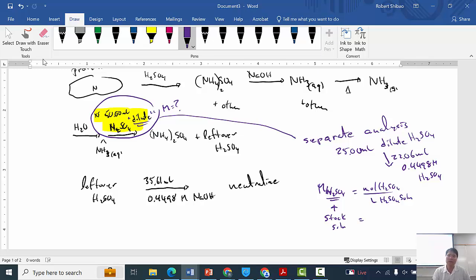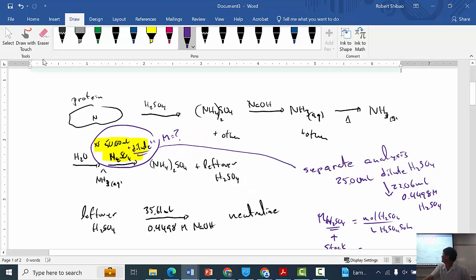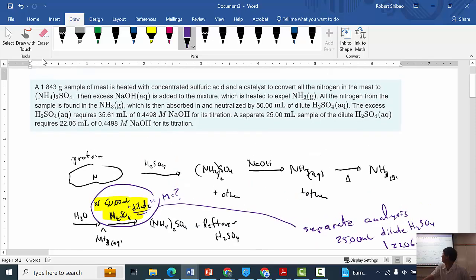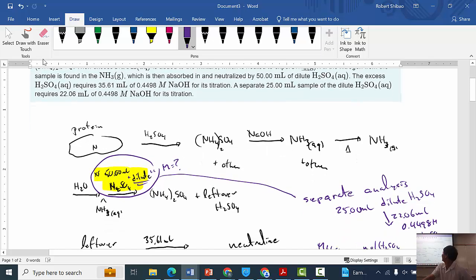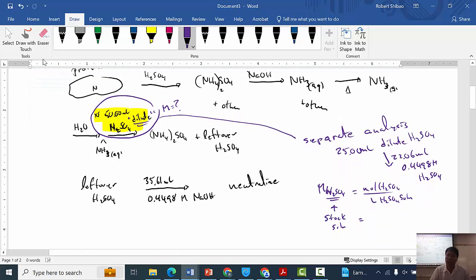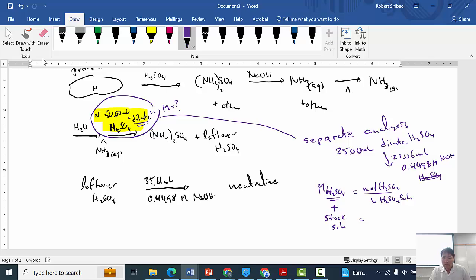And since the titration required 22.06 milliliters of sodium hydroxide, actually, did I get that right? Let me just see. Sodium hydroxide, I mislabeled it. Should be sodium hydroxide. For its titration, we'll just do this.